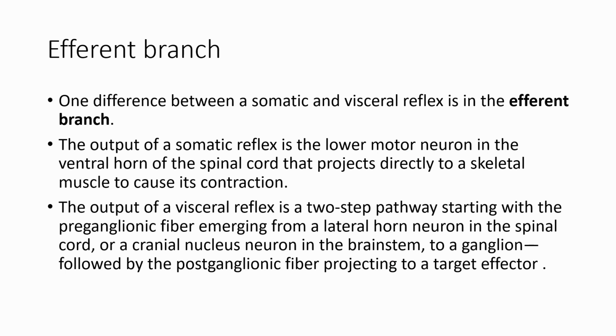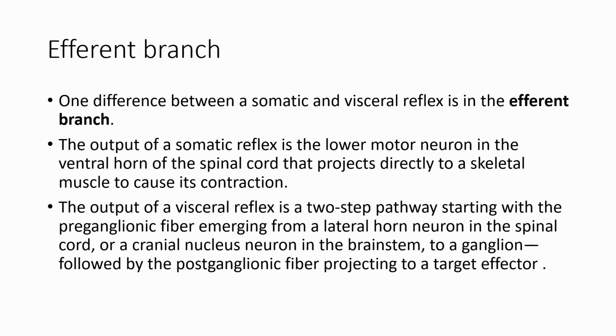But when it comes to the output, that's the difference we see with the somatic and the visceral reflex, the efferent branch. Because remember, afferent arrives, efferent exits. With the somatic reflex, we have a lower motor neuron coming out of the ventral horn, and it's going to go right to the muscle.